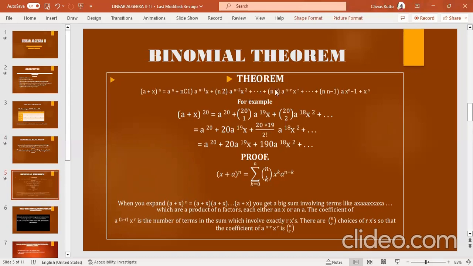The next one will be n C 3, A to the n minus 3 X cubed, up to n C r, A to the n minus r X to the power r, and lastly X to the n.